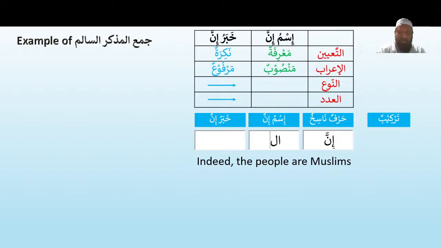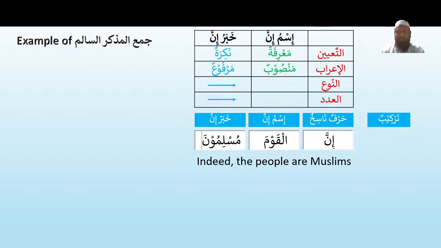So al-qawm: innal qawma. Because al-qawm is a mufrad word but gives plural meaning, for the khabar we need to use plural: innal qawma muslimuna. Indeed, the people are Muslims.